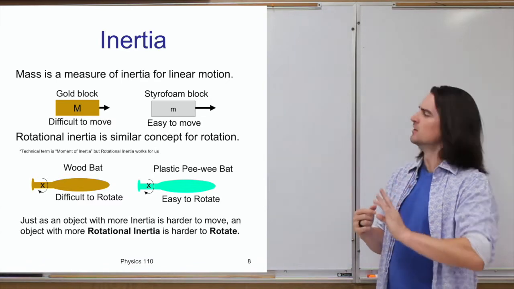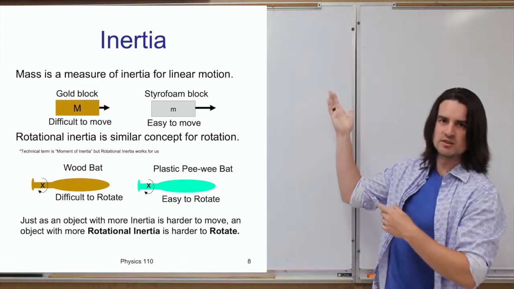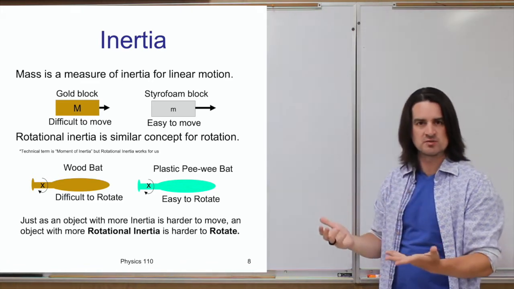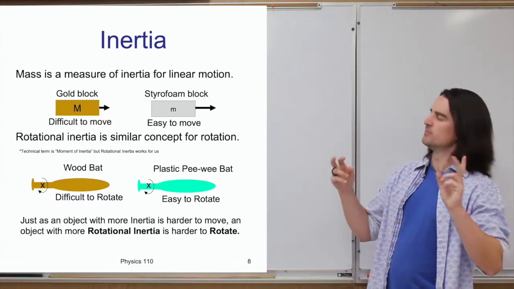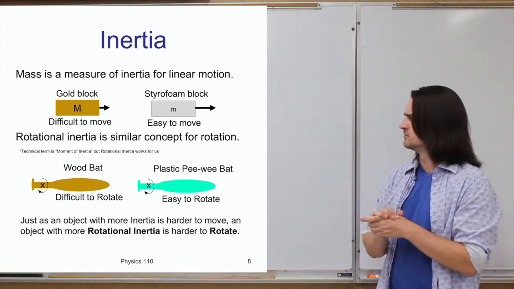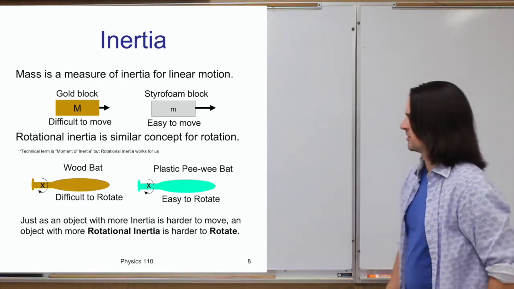So for one thing, rotational inertia still depends on mass. Just like inertia is proportional to mass, rotational inertia depends on mass. The more technical term for this is moment of inertia, but I'm going to try to use rotational inertia. If I say moment of inertia, forgive me for that.